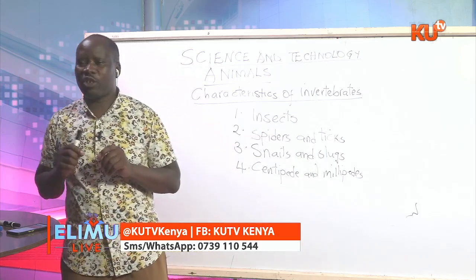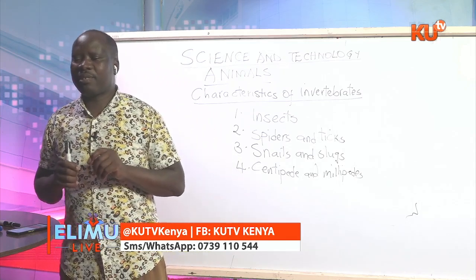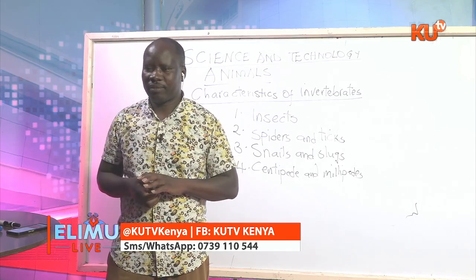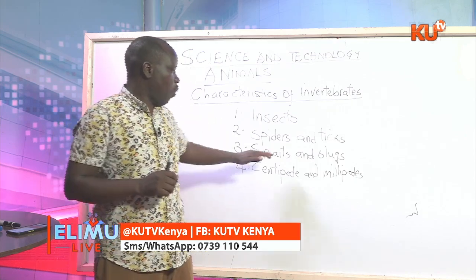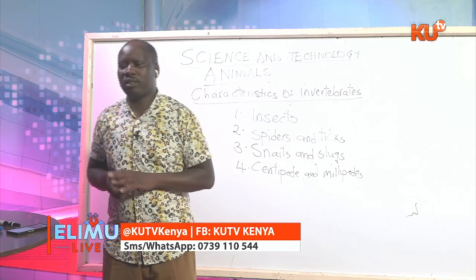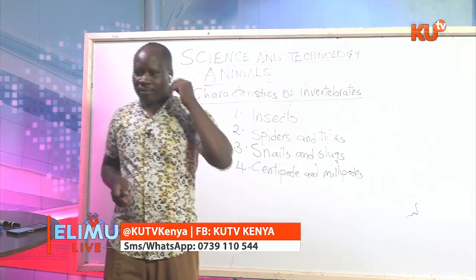What is so special on snails and slugs that is missing in the other categories? Why do we put snails and slugs in one group of their own called snails and slugs?